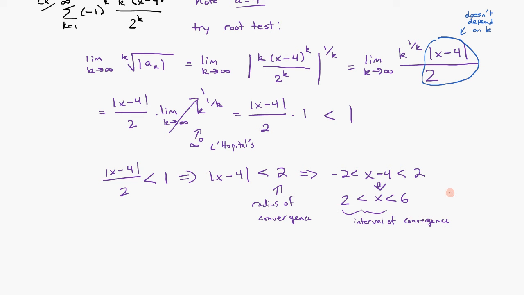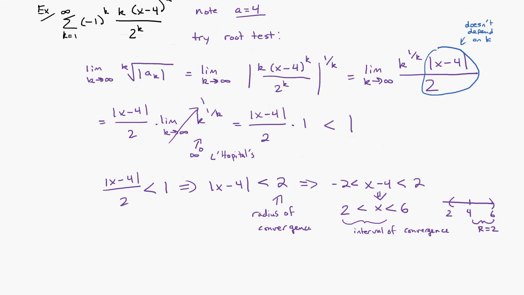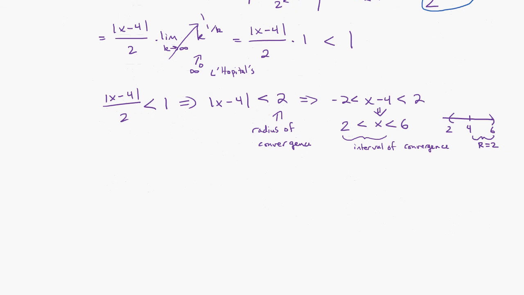So again, to visualize it again, the center is at 4, and the edges of the interval are at 2 and 6, and so the radius is equal to 2. Okay, so that's a preliminary analysis of the interval of convergence.